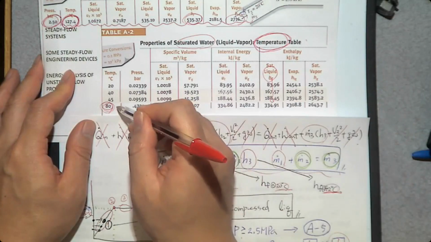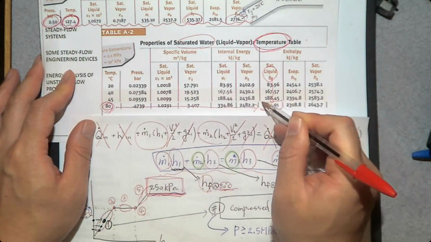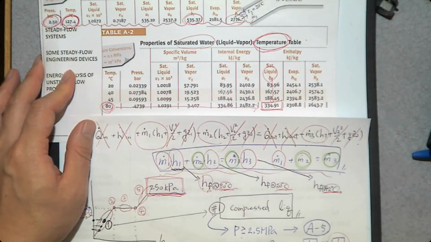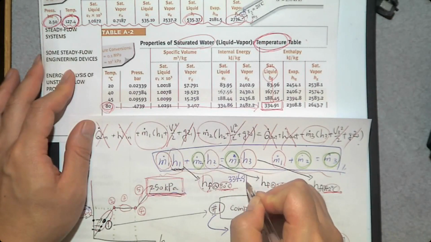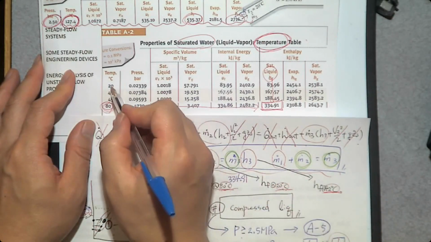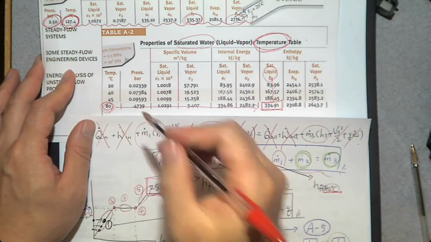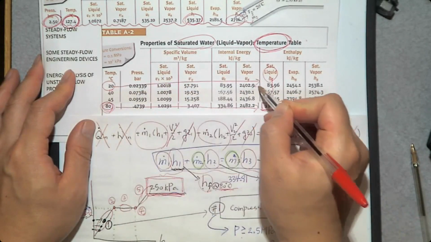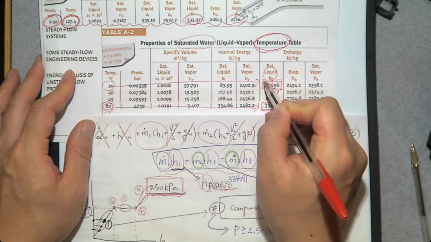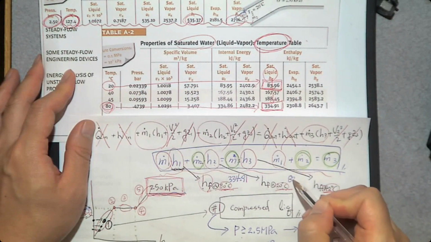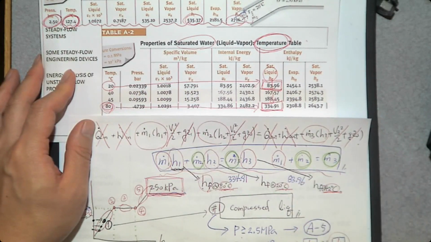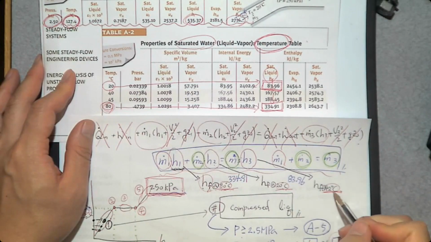The number we are looking for is 334.91. What about 20 degrees Celsius? At 20 degrees Celsius, h_f is 83.96. What about 42 degrees Celsius?